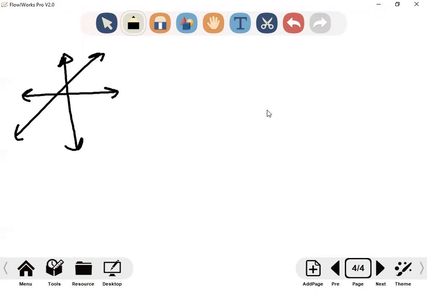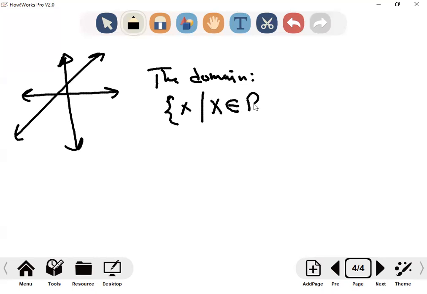So here the domain, I will do in the same ways, interval and set builder. In the set builder, we can say x such that x belongs to all real numbers. In the interval, from negative infinity to positive infinity.